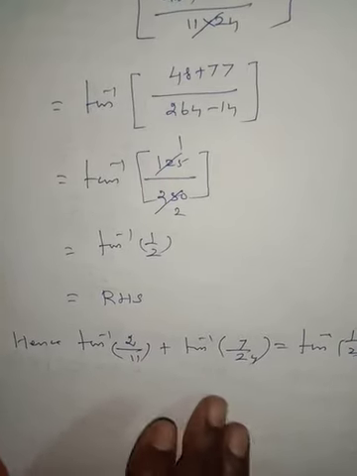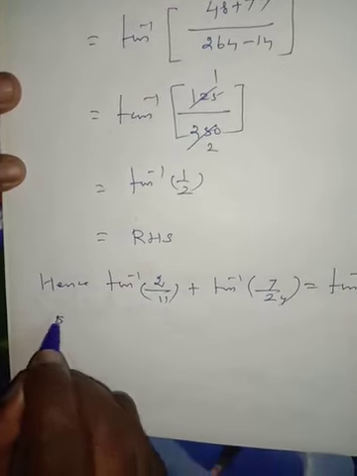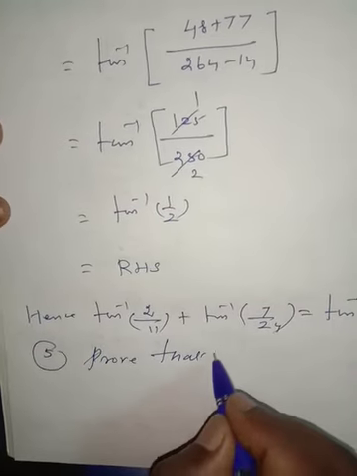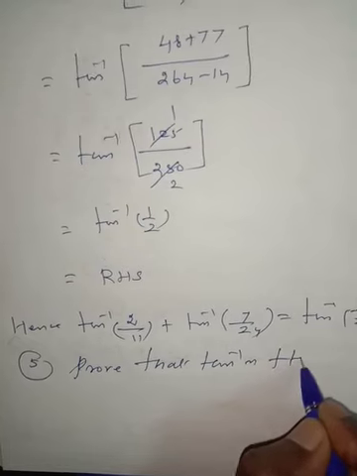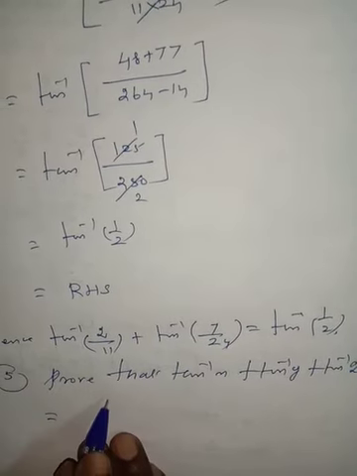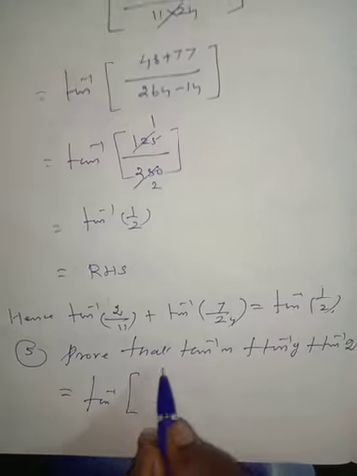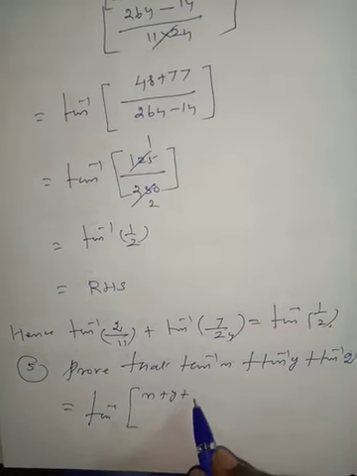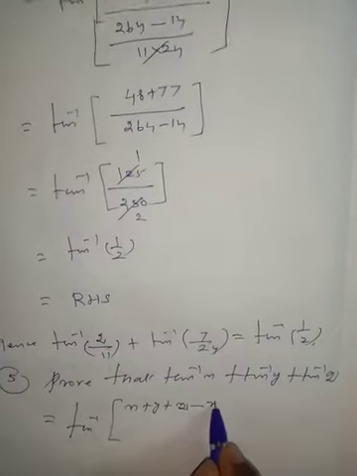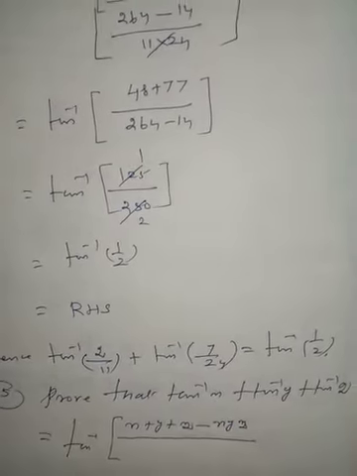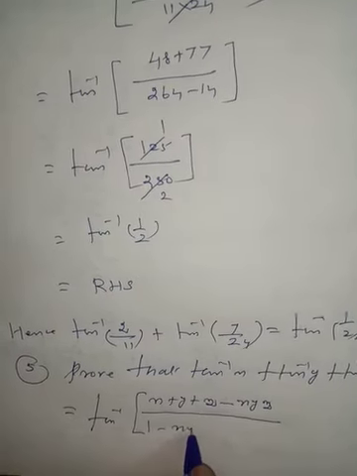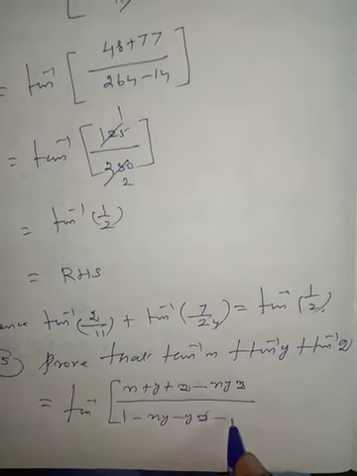Next, question number 5. Prove that tan inverse of x plus tan inverse of y plus tan inverse of z is equal to tan inverse of x plus y plus z minus xyz divided by 1 minus xy minus yz minus zx.